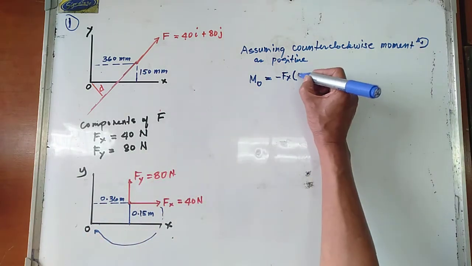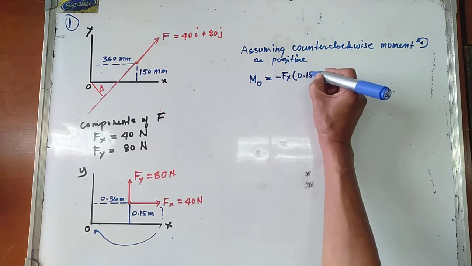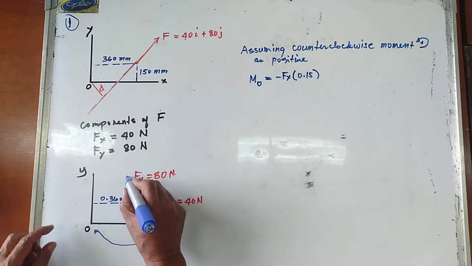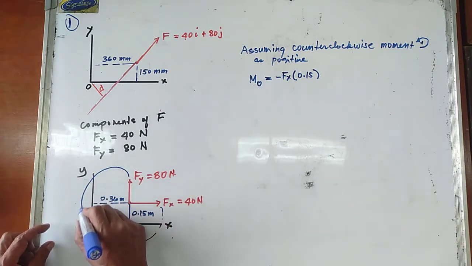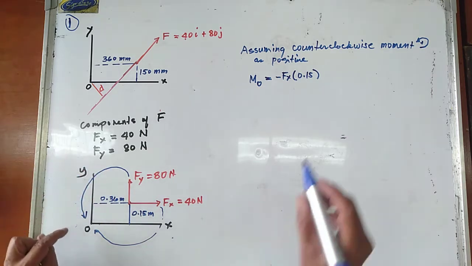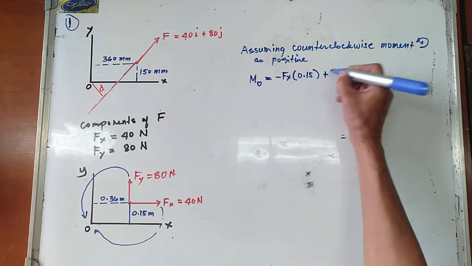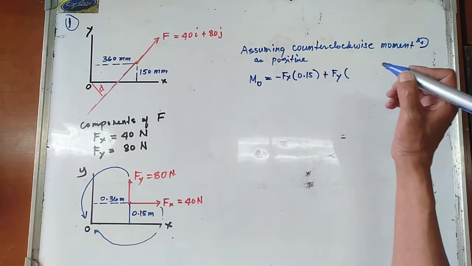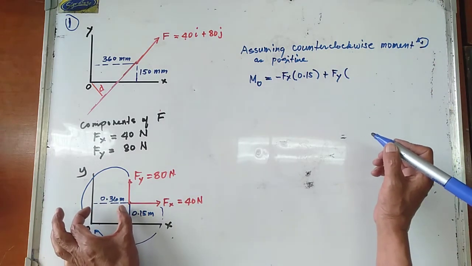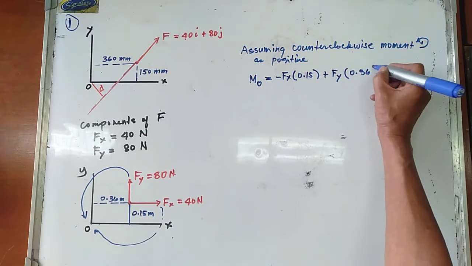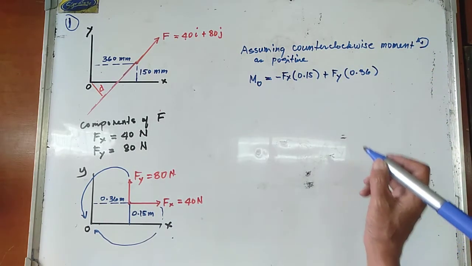So this is 0.15 meters. And your Fy is going counterclockwise about point O. So that is positive Fy multiplied by the moment arm, which is 0.36 meters.